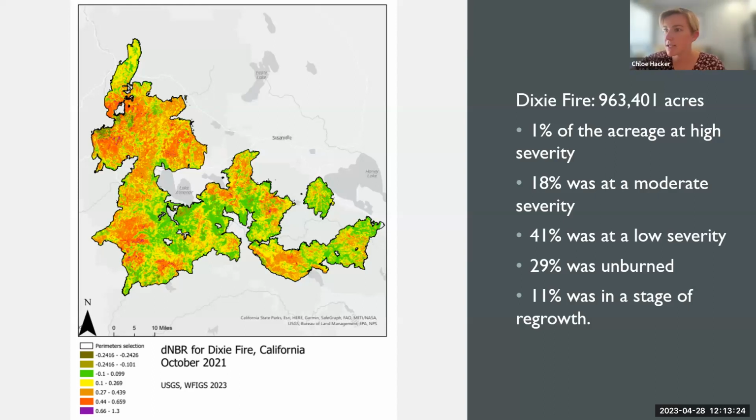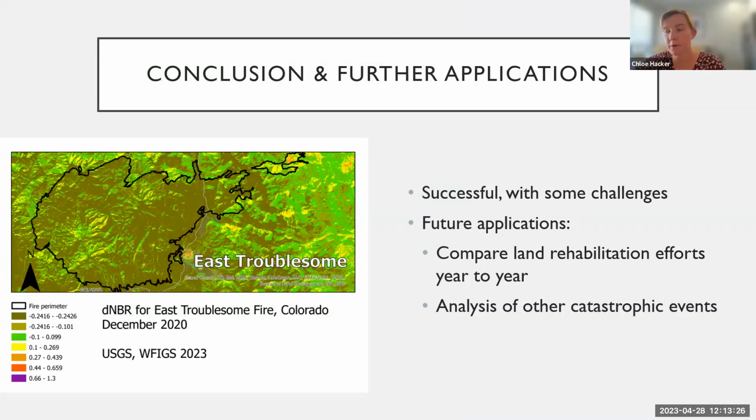And a few challenges that I encountered throughout it were that I wasn't able to automate the process of clipping it to the wildfire polygon, which would have just made it nicer. You can still use it and just overlay the polygon on top of the raster and view it that way. Obviously, it just doesn't look as nice, and it's a little bit harder to read, but that was one main challenge that was encountered.